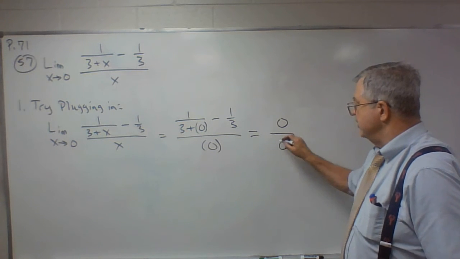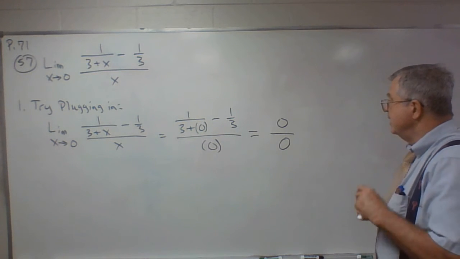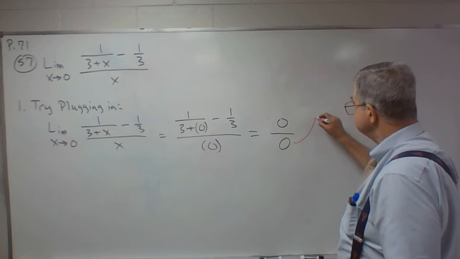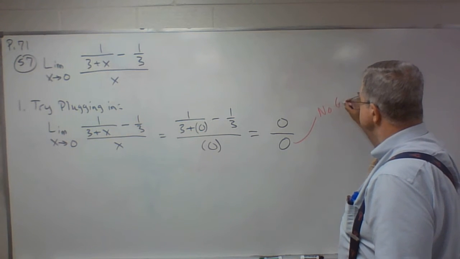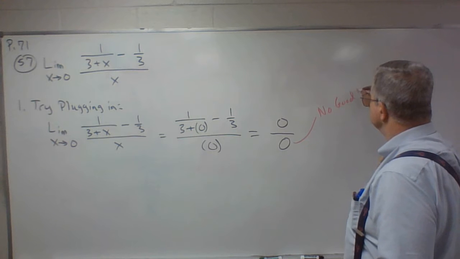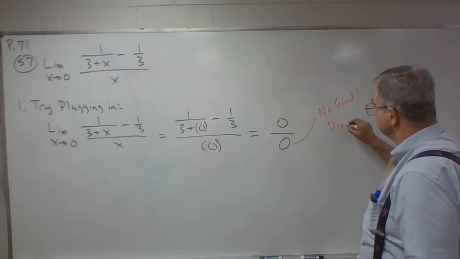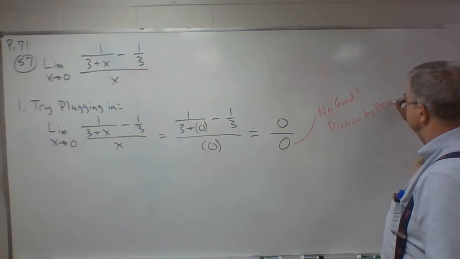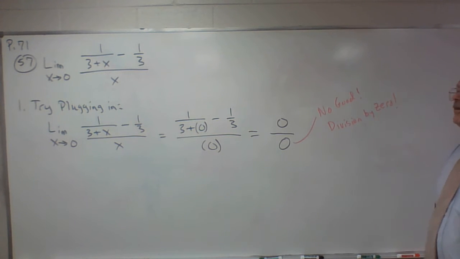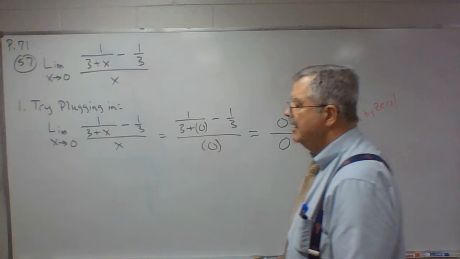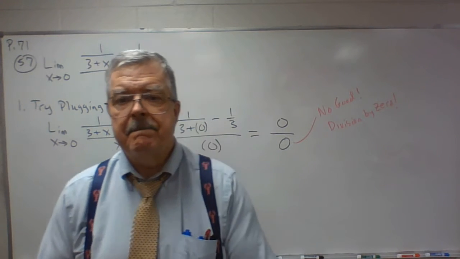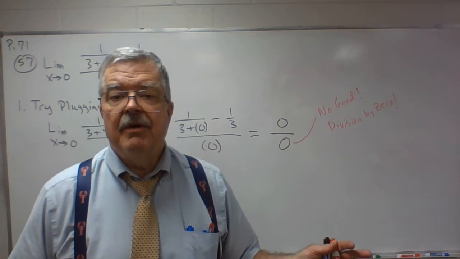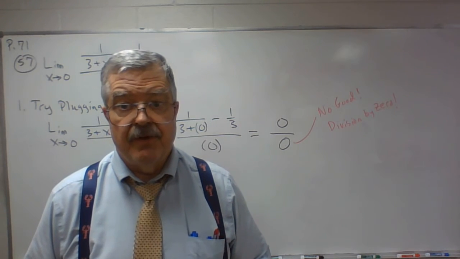And we get 0 on the bottom. And it's no good. Division by 0. So what do we do? We go to factoring and canceling, right?